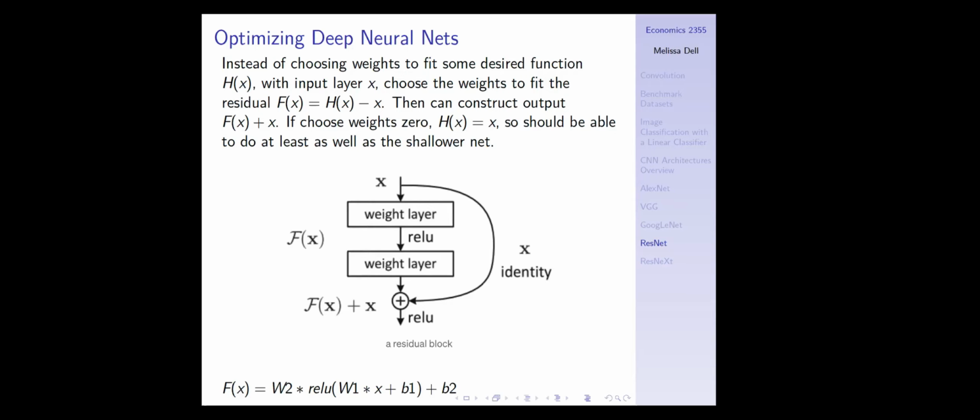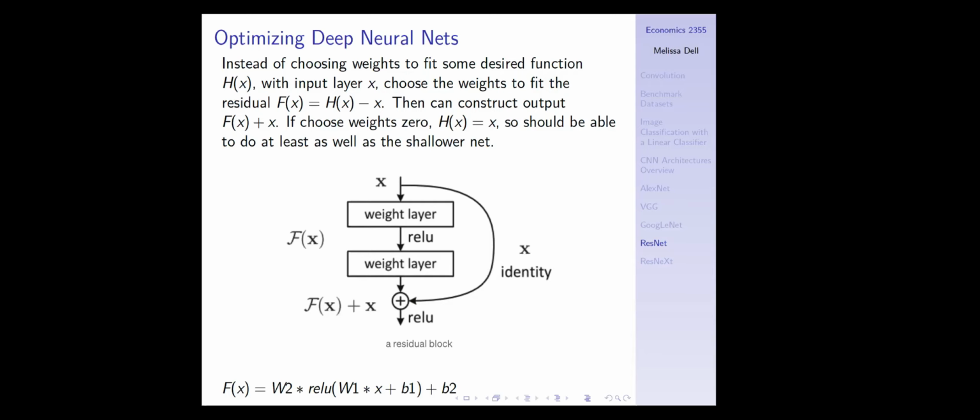What this paper does is say, instead of trying to choose the weights to fit h of x, let's choose the weights to fit the residual, h of x minus x. Then we can construct the output to be just f of x plus x.